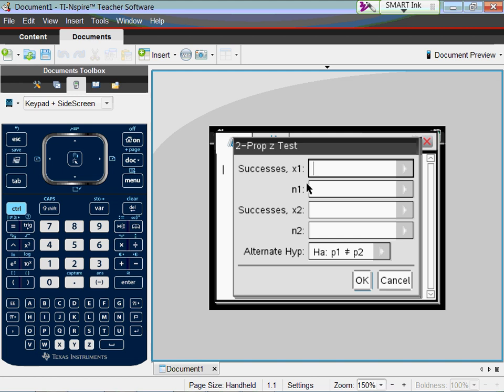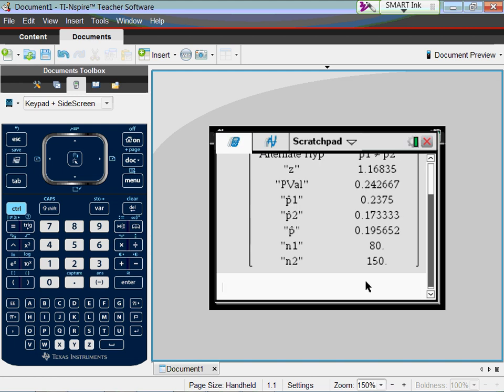This is going to be 19 out of 80 students who didn't have breakfast at the first school, and the other one is 26 out of 150 at the other school that didn't have breakfast. And we're looking for a difference. So P1 does not equal P2. And check and make sure we got all of that right.